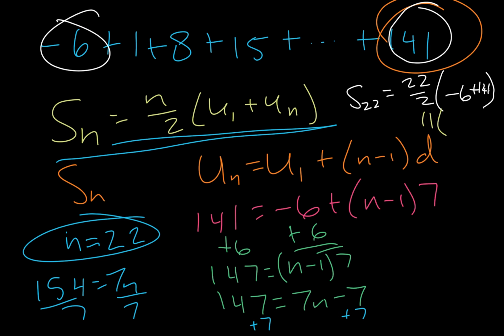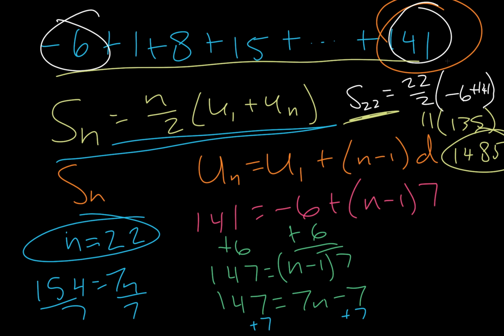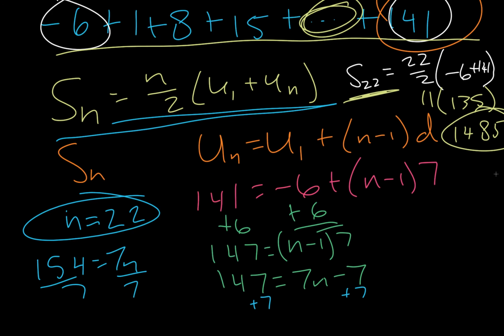And then 144 minus 6 is going to be 135. If we multiply those together, we get 1,485. So the sum of this, if we added all those terms, including the ones represented by the ellipses right there, it would equal 1,485.